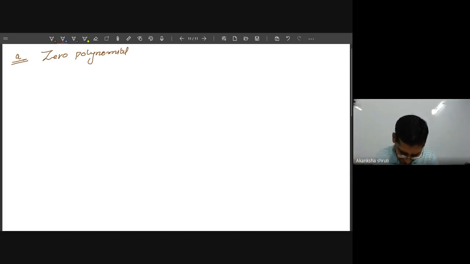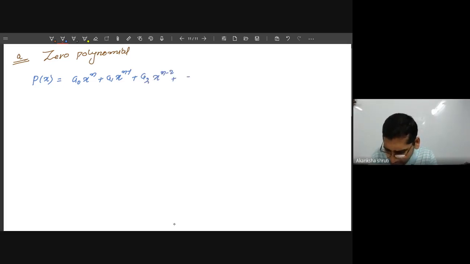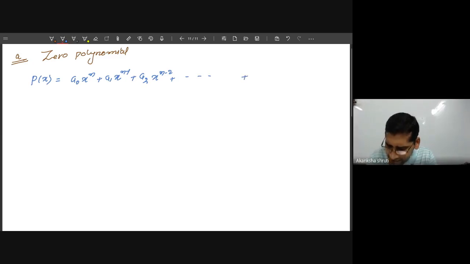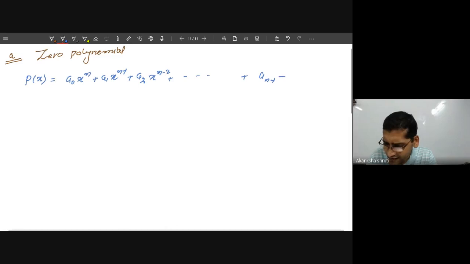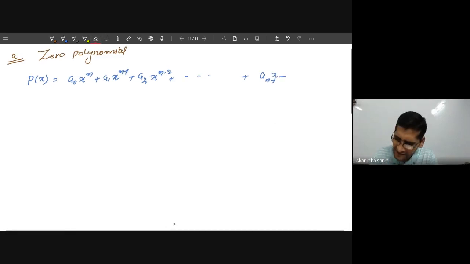Students, the P(x) that we were writing was a0 x to the power n plus a1 x to the power n minus 1 plus a2 x to the power n minus 2, and it was going on. I'm writing the general form, a(n minus 1) x, and the last one is our an.